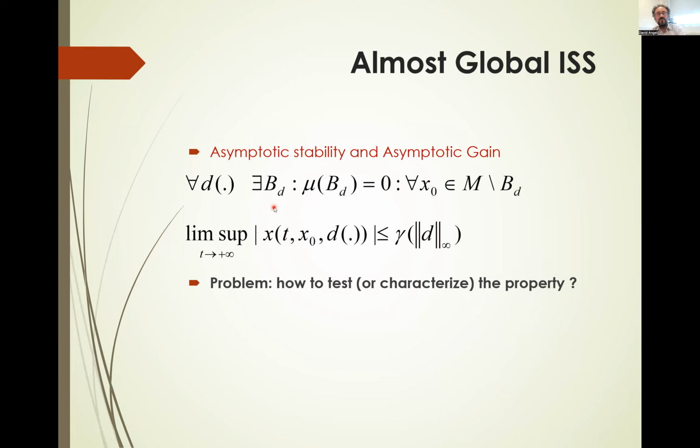So how to do almost global ISS then? Well, you could again try to have an asymptotic gain property. You cannot make use of KL bounds, we said already.